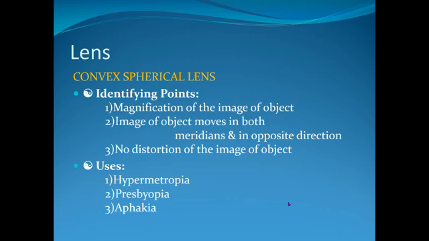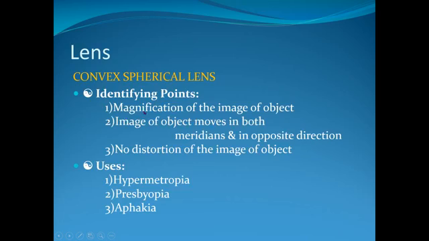What lens is fitted in his spectacle, either convex or concave, or spherical or cylindrical. So you must know how you will identify the lenses. So these are the identification points.